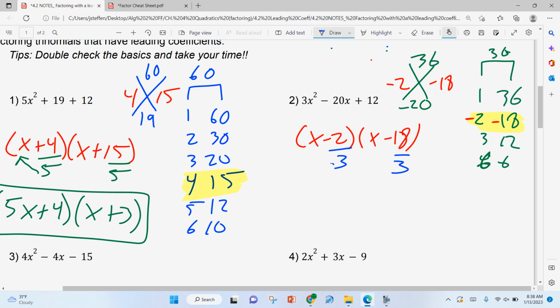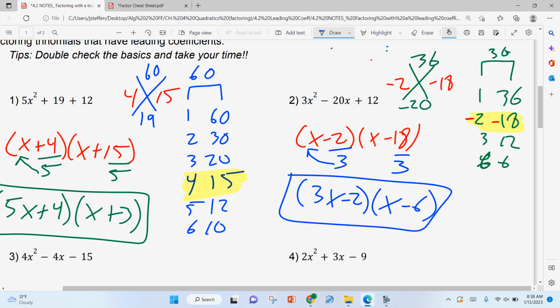So if it doesn't reduce, go ahead and put that 3 up with the x. 18 divided by 3 is 6, so x minus 6. And again, if you double check, 3x times x is 3x squared. That's what we have, so we are on the right track. Again, that doesn't mean you necessarily got it all right, but you can at least tell if you got it wrong, I should say.